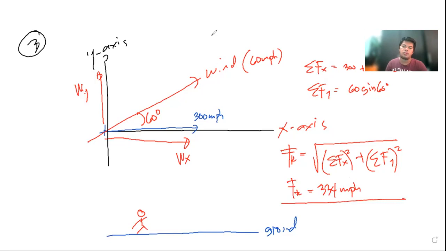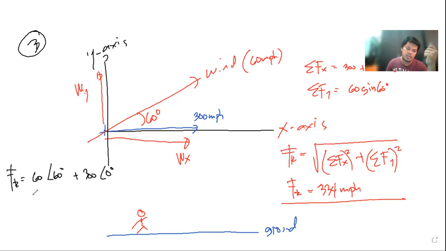Or we can use the notation, what we call the complex number solution. We simply have FR equal to 60 acting at 60 degrees plus 300. No need to write angle 0.